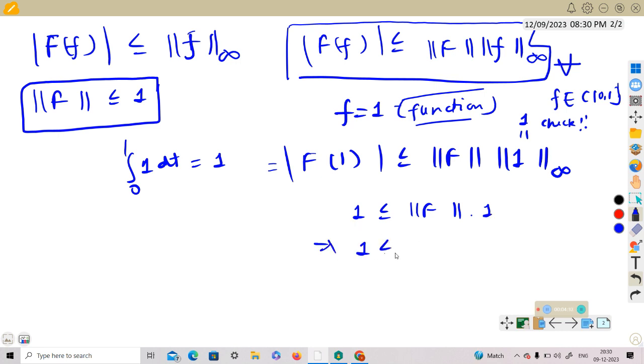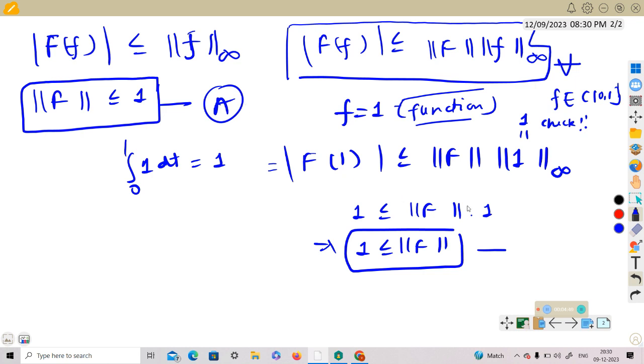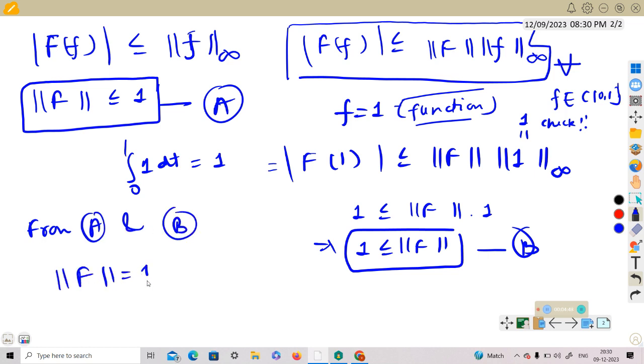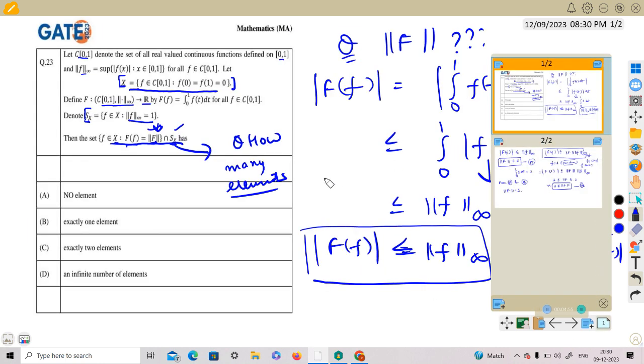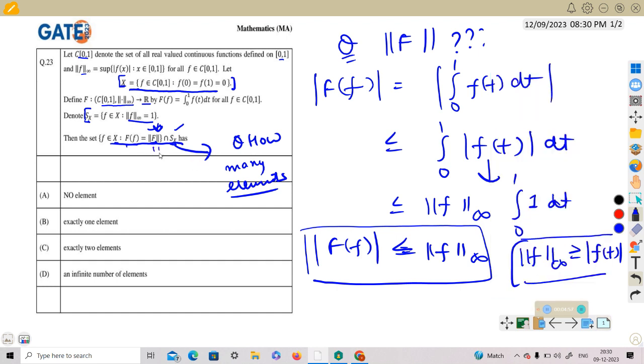This implies the norm of F is greater than or equal to 1. Call this A, and the earlier result B, the norm of F less than or equal to 1. From A and B, the norm of F is equal to 1. So we have evaluated that the norm of F is 1.